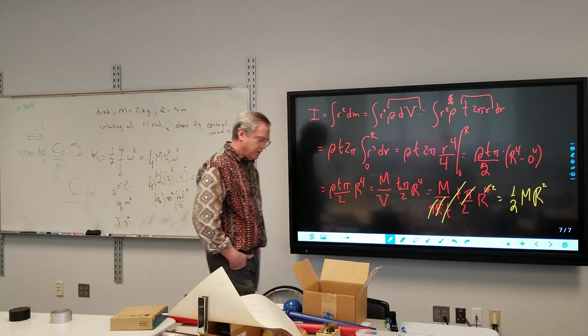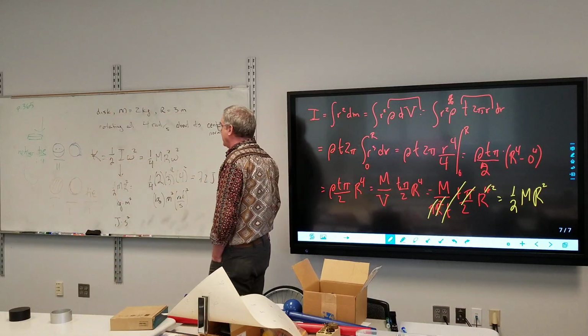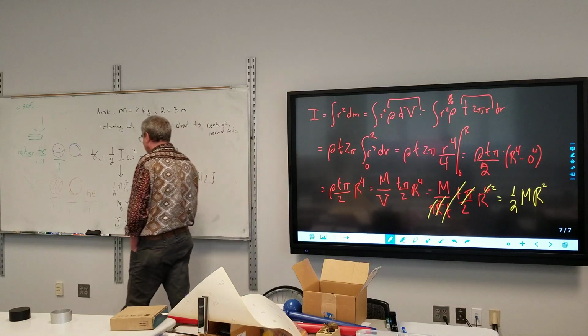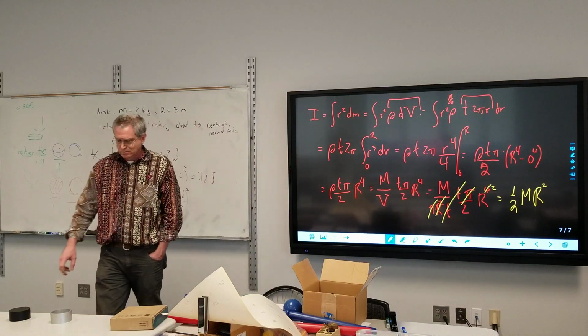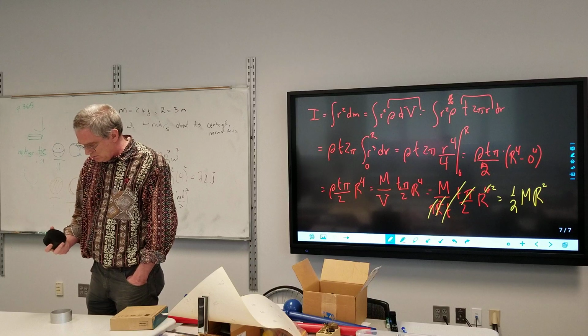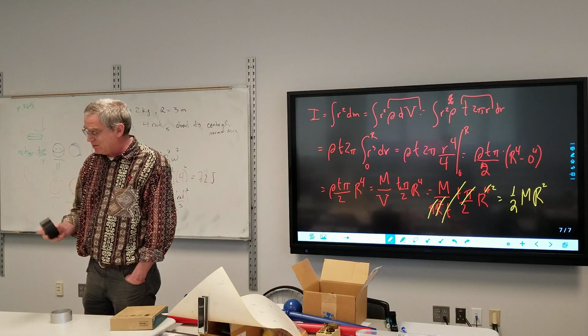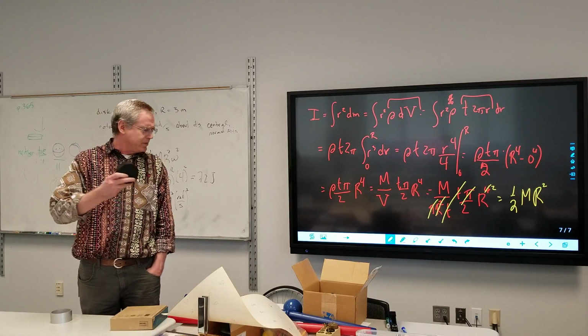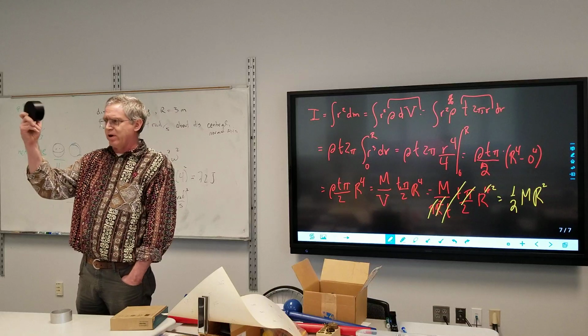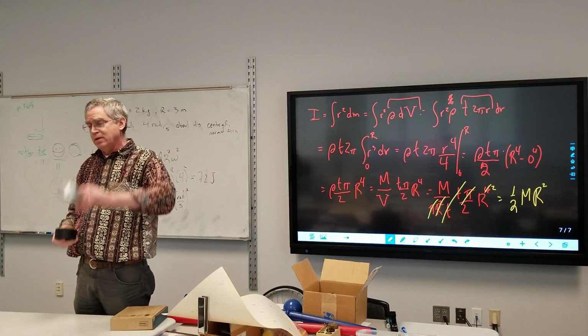All right. So, in terms of formulas there, I would guess, and I'm not sure what the mass is, but I would say that this probably has a greater moment of inertia than this does.